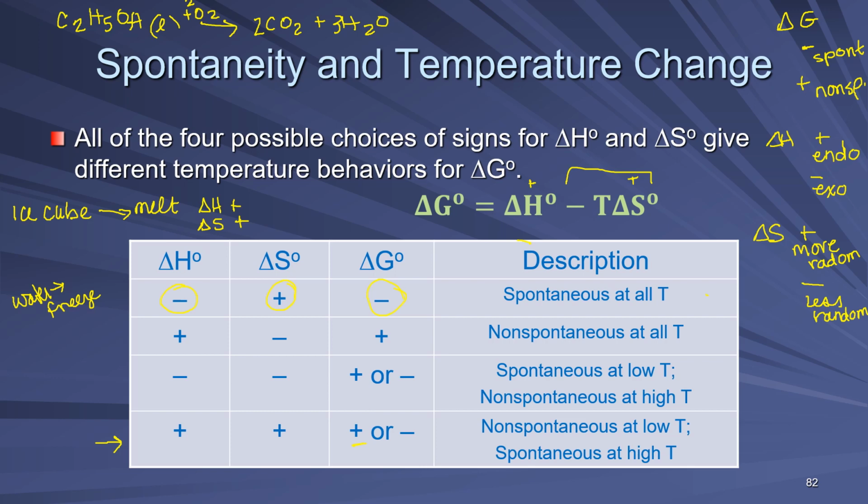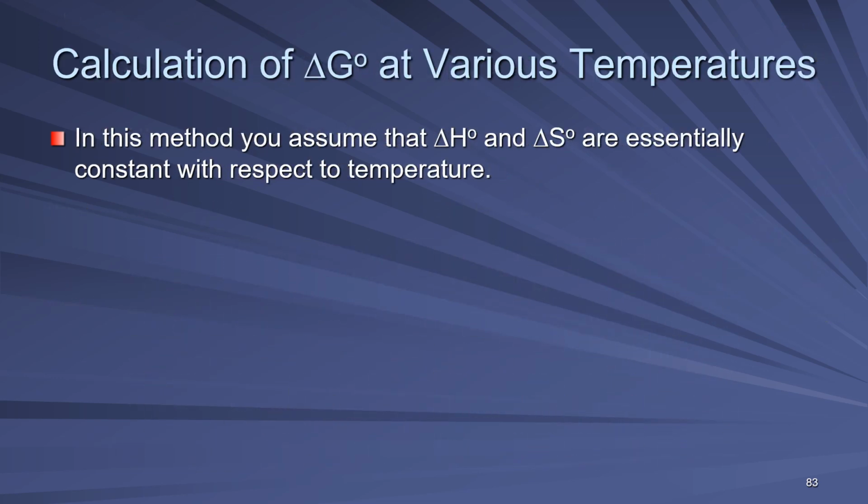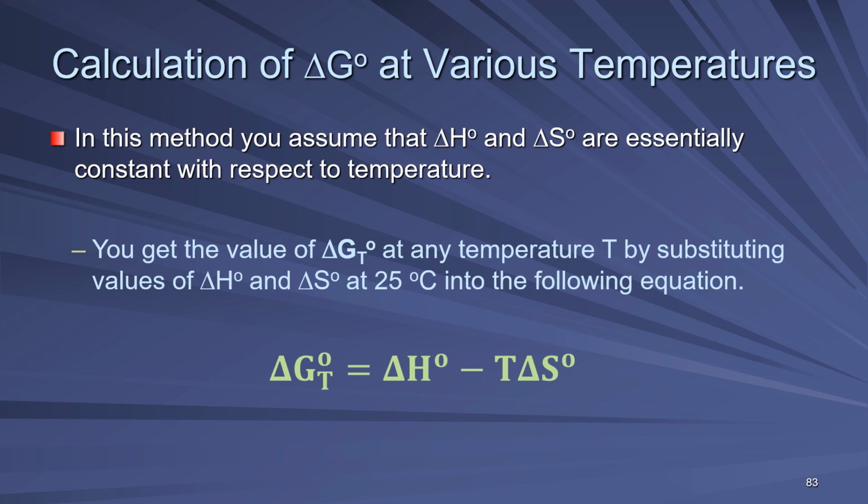So we can actually go a step further and figure out what that temperature is. If we're using our delta G equals delta H minus T delta S, first of all, we assume that delta H and delta S are constant with respect to temperature.